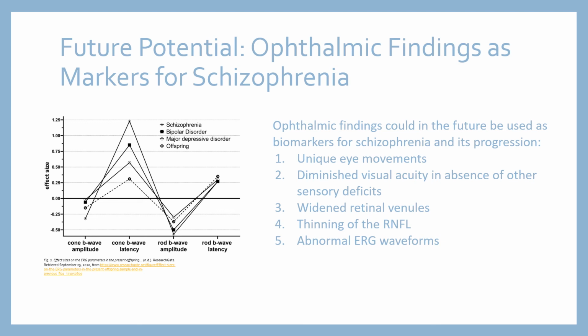Overall, the link between the eyes and schizophrenia is quite promising. When the research becomes more extensive and we get to characterize these general findings more and more, this might be a way to detect, diagnose and treat earlier some psychiatric disease, including schizophrenia.